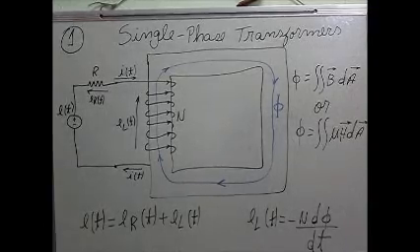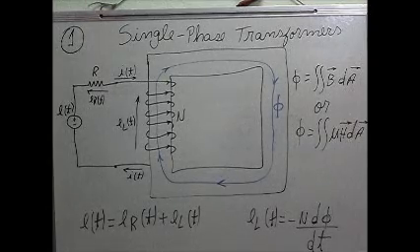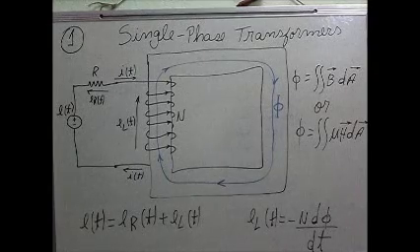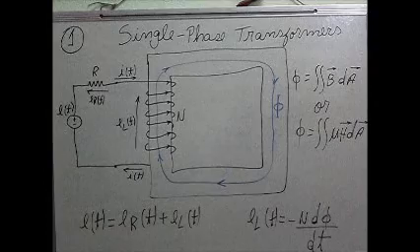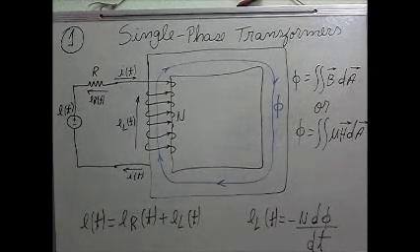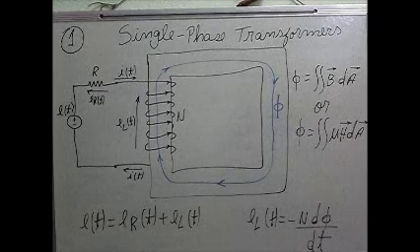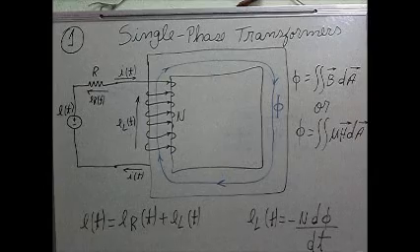If we apply KVL, which is Kirchhoff's voltage law, we're going to see that E of t, the voltage of the source, equals the voltage drop on the resistor and a voltage across the windings.